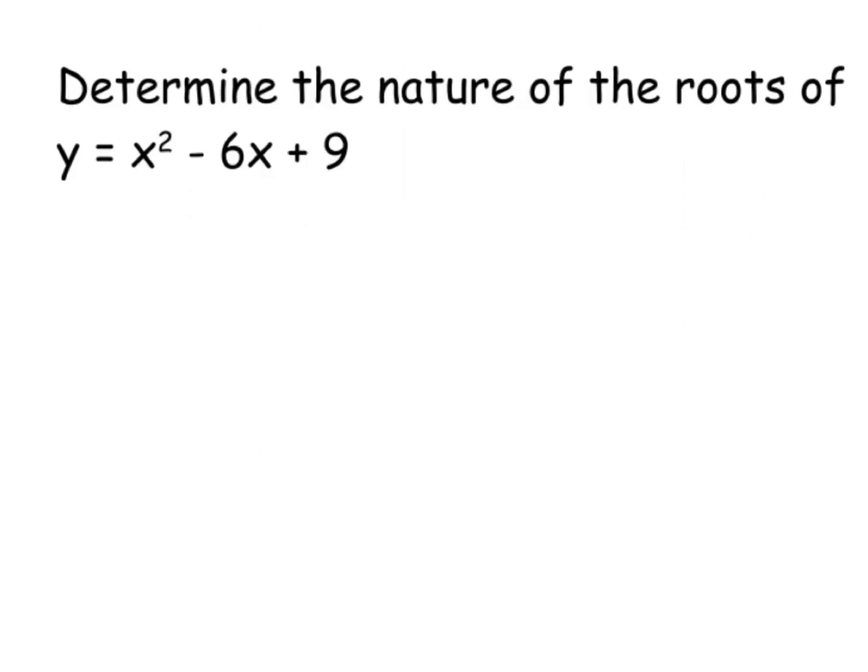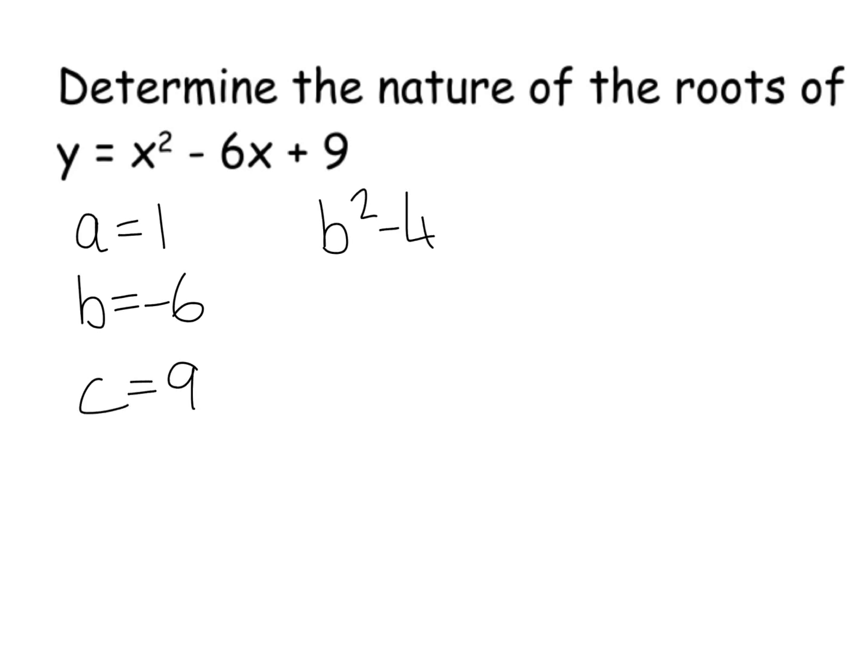So have a look at this one here. Right, this is x squared minus 6x plus 9. So if I write down my A, B, C again, A is 1, B is a number in the middle, and C is a number at the end. And then I'm going to go do my b squared minus 4ac. B squared is minus 6 squared, so it's just 36.